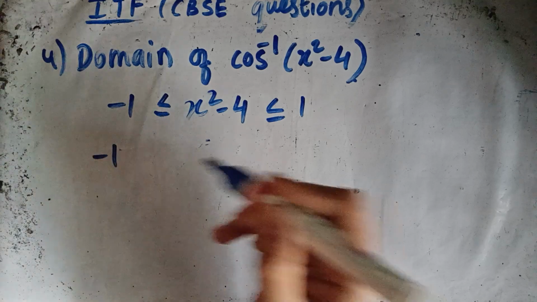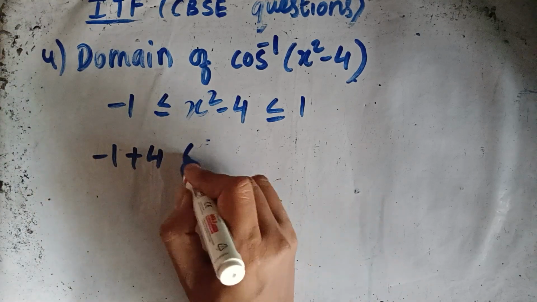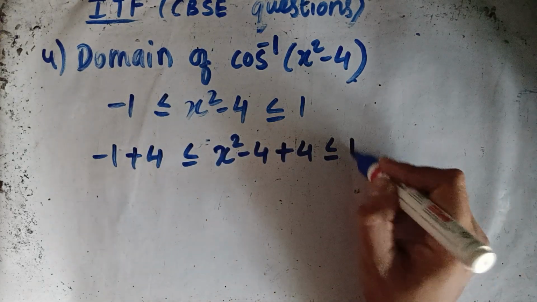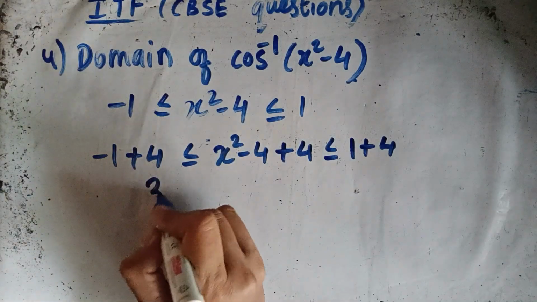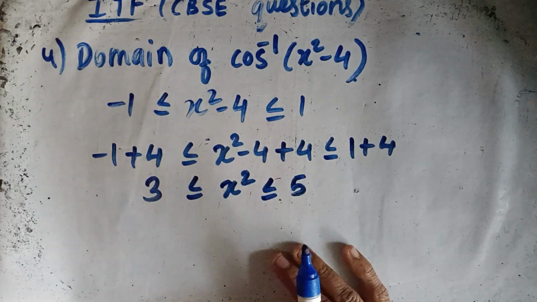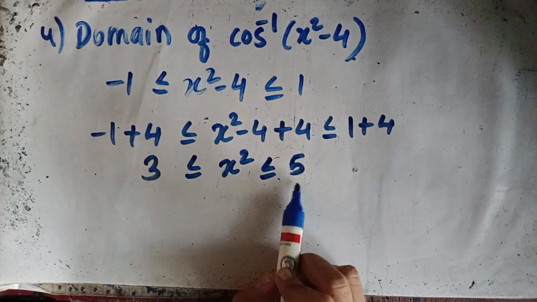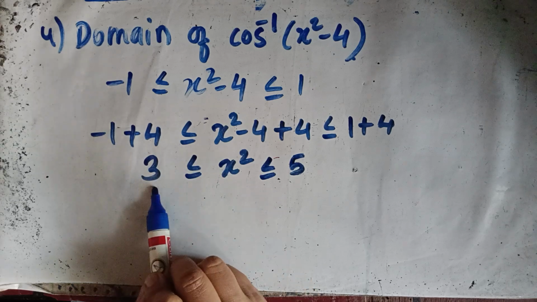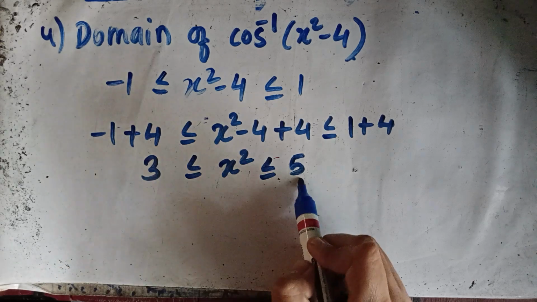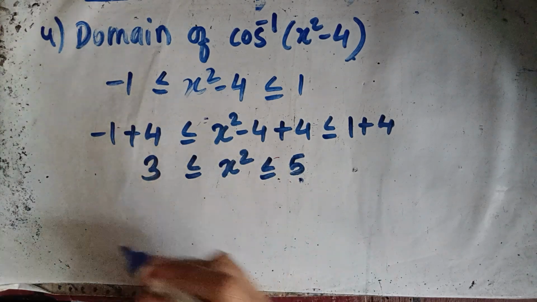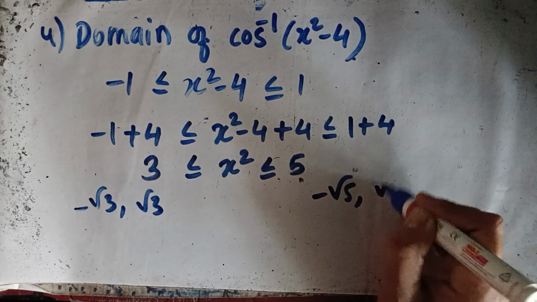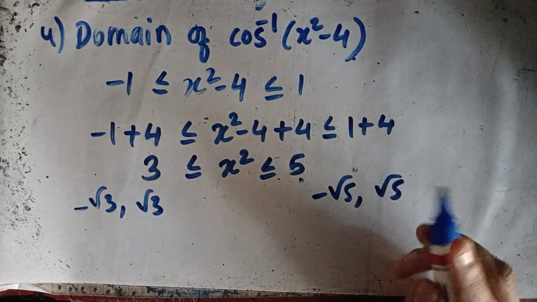So removing 4, this x square falls between 3 and 5. When you take the root, this will be root 3, this will be root 5. So this is plus or minus root 3, this is plus or minus root 5.